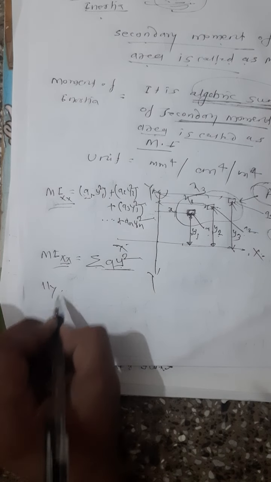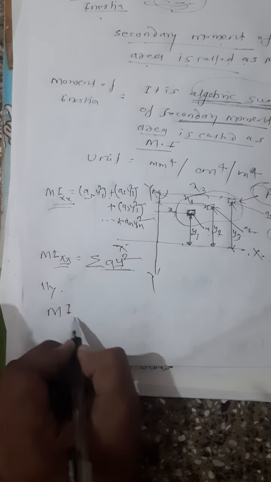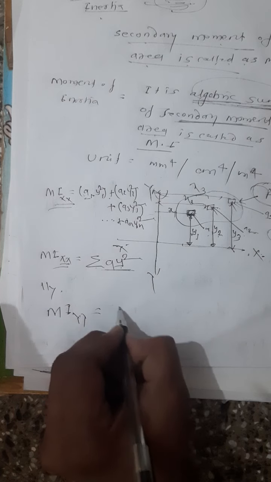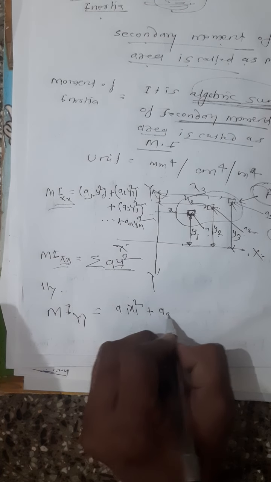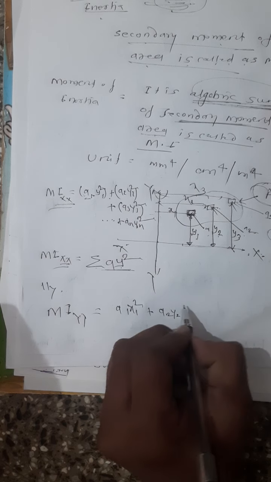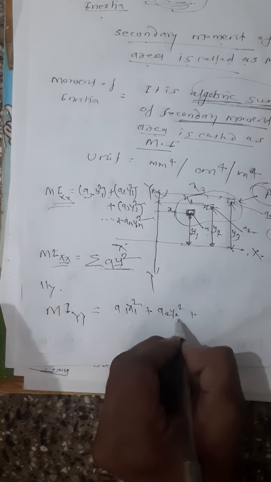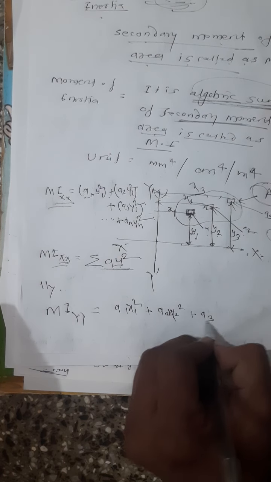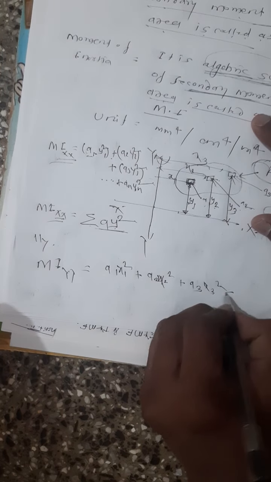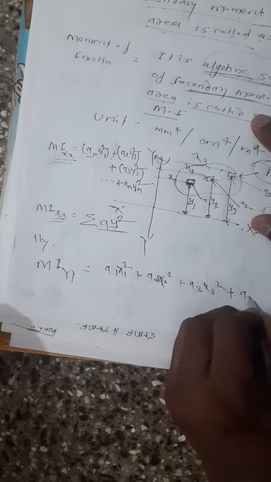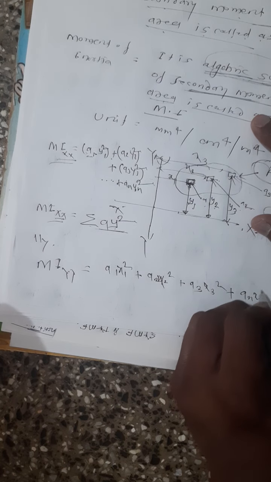In a similar way, my dear students, MI about y: how does it become? a1 into x1 square plus a2 into x2 square, third a3 into x3 square, and if you have another, an into xn square.